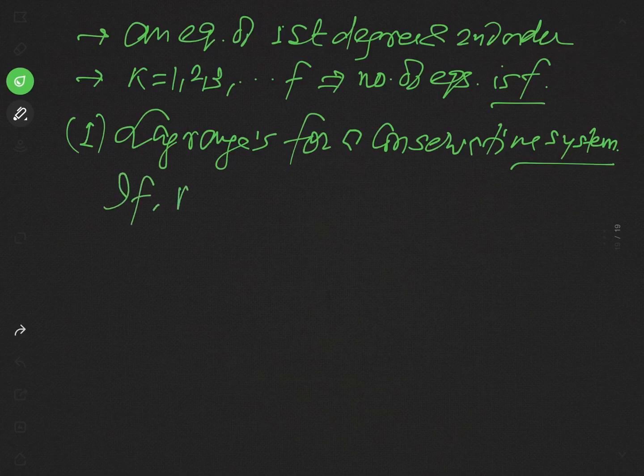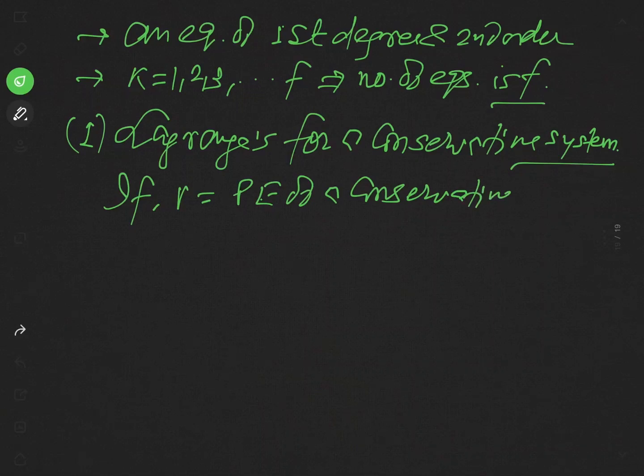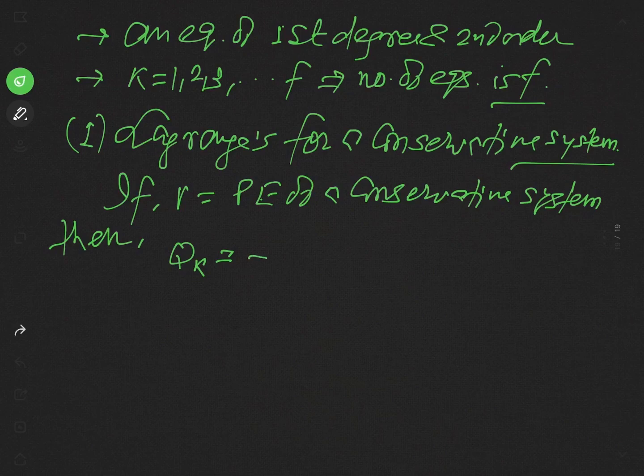So if V equals the potential energy of a conservative system, then the kth component of generalized force is equal to minus del V by del Qk.